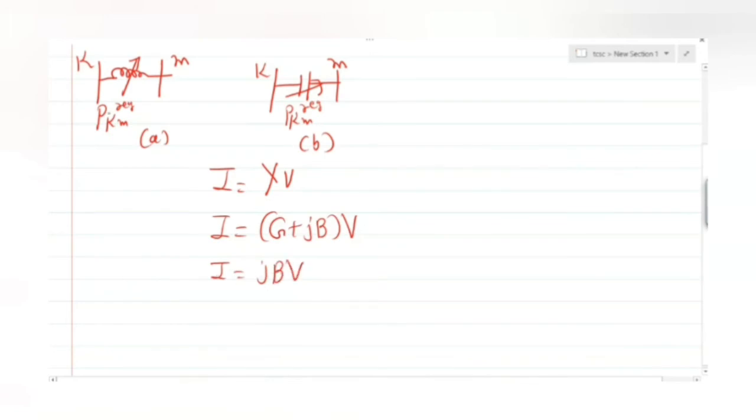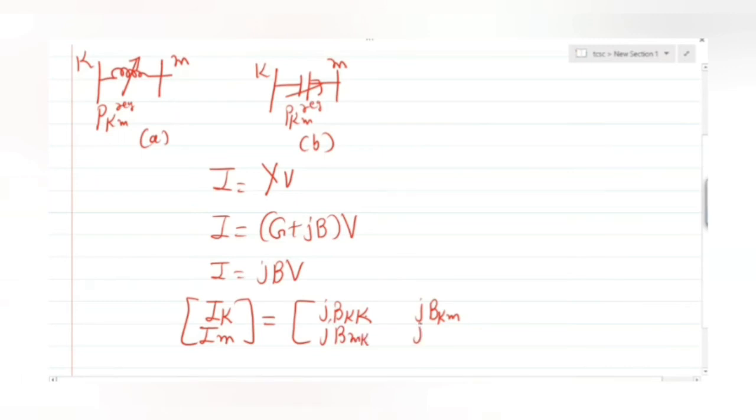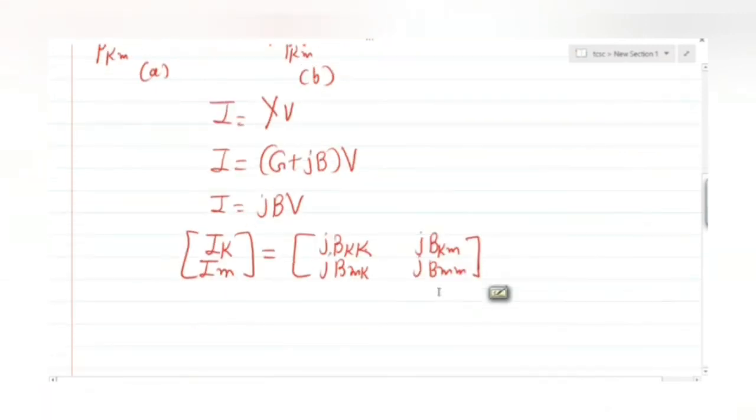Here two buses are there, one is K and the second one is M. So your matrix becomes [IK, IM] is equal to [JBKK, JBKM; JBMK, JBMM] into [VK, VM]. This is the basic Y-bus matrix, which we already studied in BTech in load flow analysis.